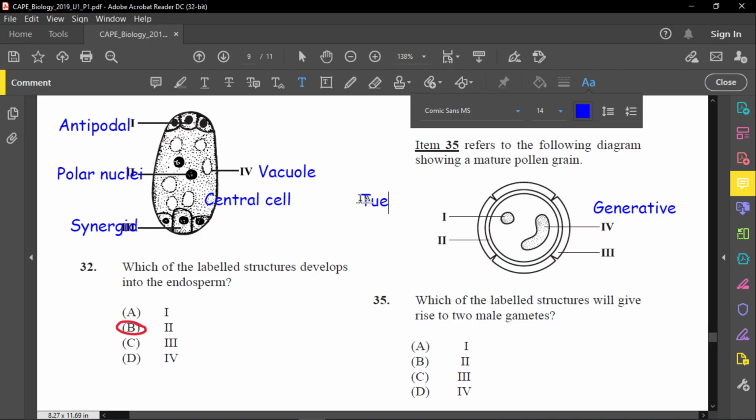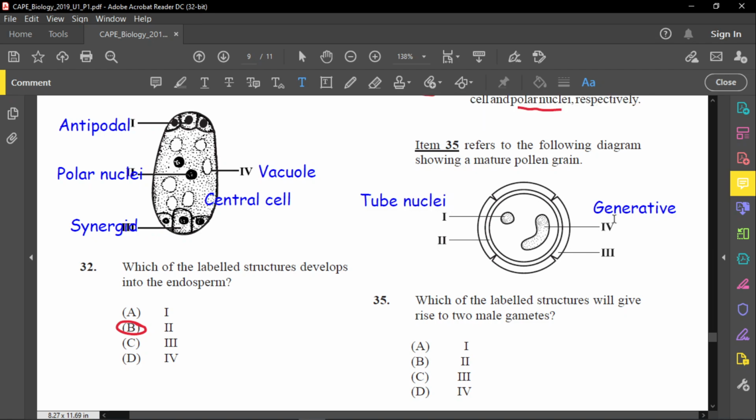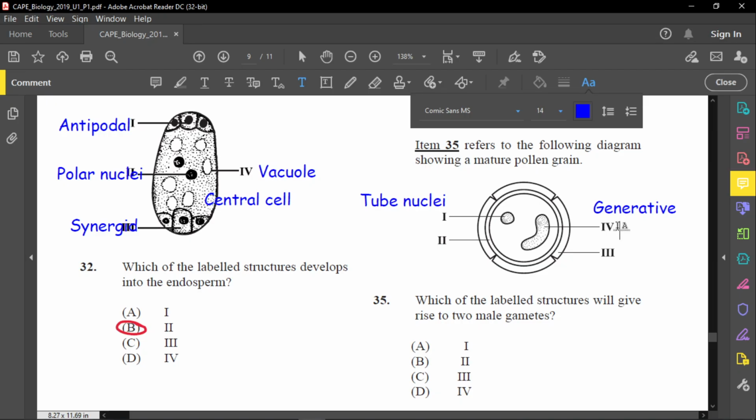Okay, so this is a tube nuclei. Let's put nuclei beside this one as well, just to make sure we have them in the right place. And part 3 is called the enzyme. So this is enzyme. Again, you can look at my video on pollen grain. I show you these diagrams and the labeling for them. And this is the intine, just to make a note of that.